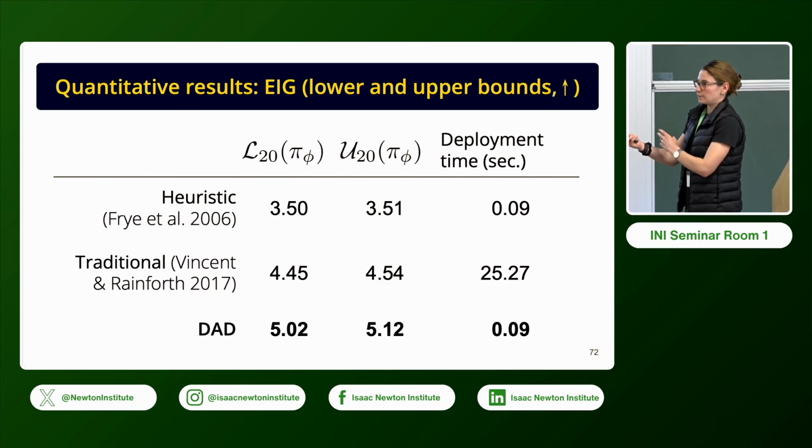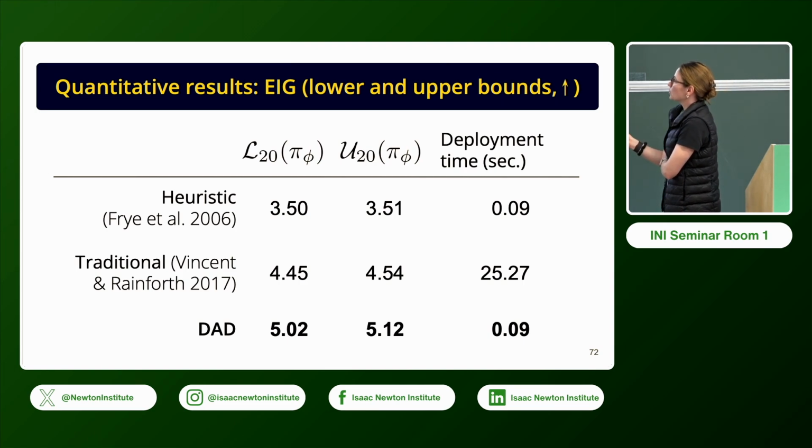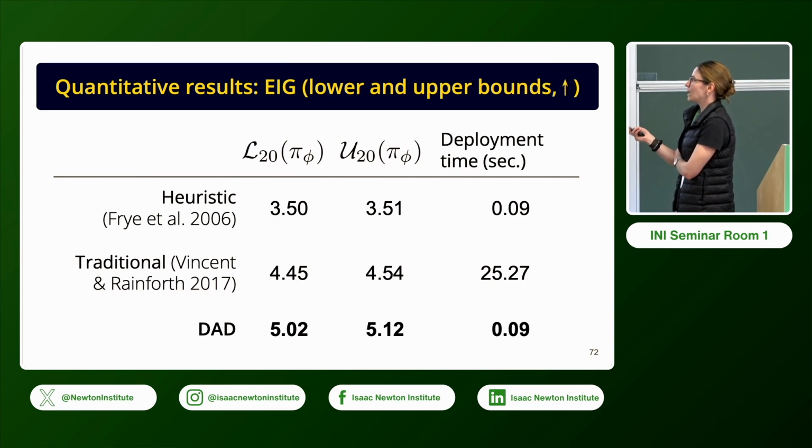And they're fixed, right? And that gives you mutual information of between 3.5 and 3.51. Right? So this is what I described, that you can actually get a sense of how biased your estimates are by looking at lower bounds and upper bounds. So these are pretty tight bounds. So the heuristic approach gives us a mutual information of about 3.5 nats.